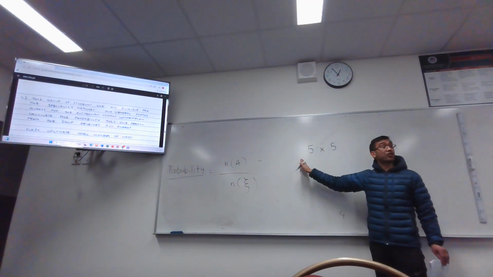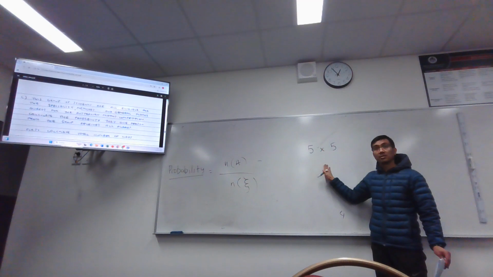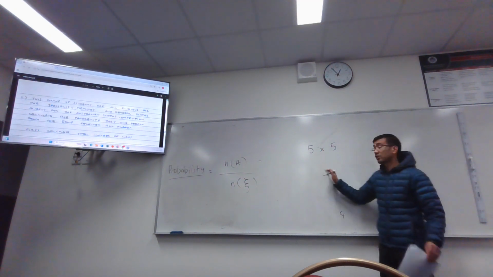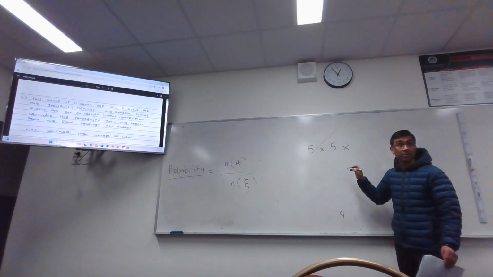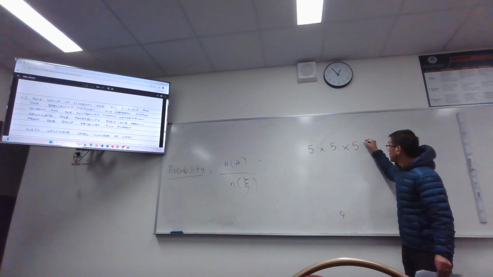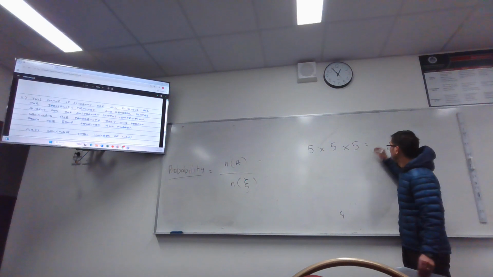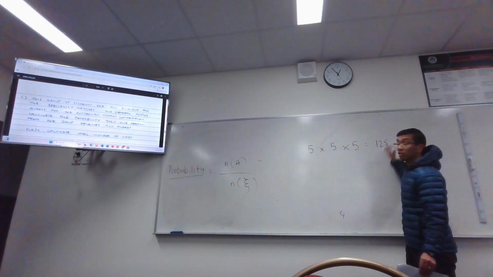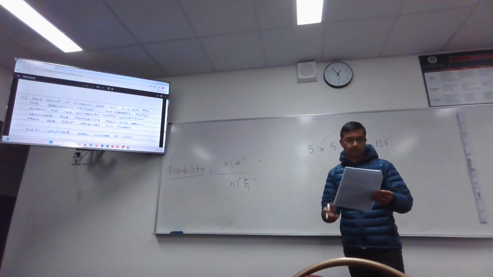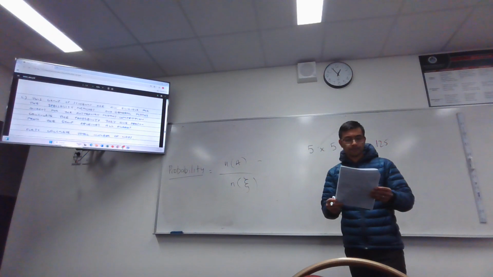Each of those branches or students does have an equal chance of doing the methods. And then each of those people, quite possibly, can get the general maths award as well. 5 times 5 times 5. Giving you a total of 125. Okay?